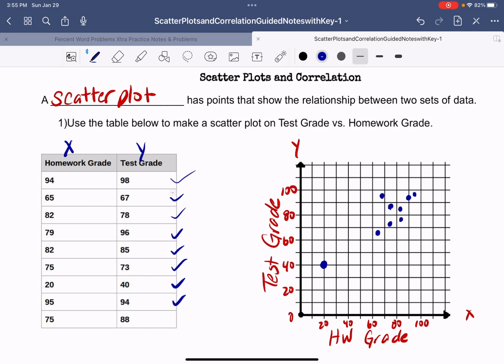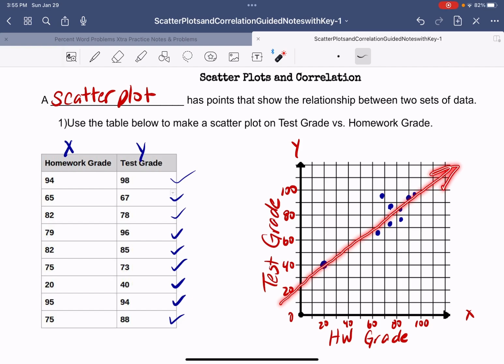Once you get all those, you can see we kind of have, I don't know if it looks like a line or anything, but sometimes you'll see this on your Alex, estimate a best line of fit. So I'm going to use this as my starting point, kind of imagining. Can you imagine there's a line going in this direction?